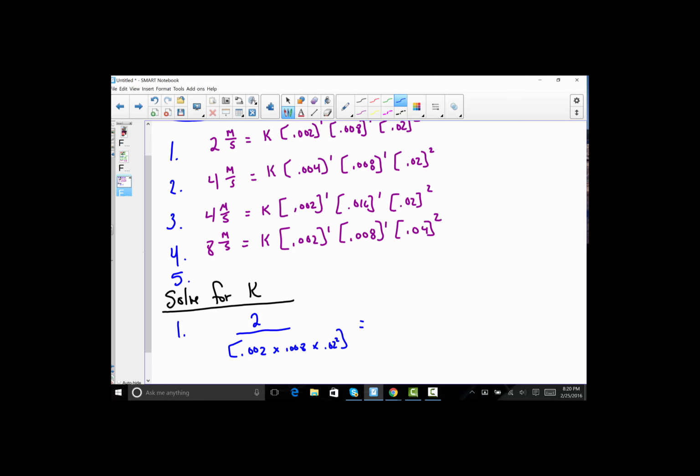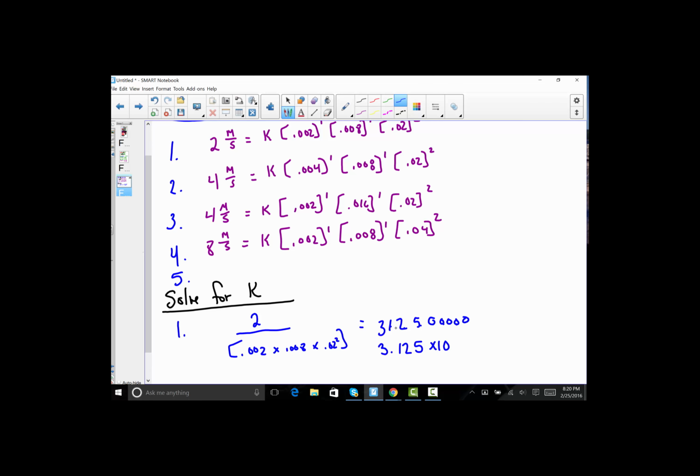2 divided by, and I'm doing all of that in a parenthesis, by the way, parenthesis 0.002 times 0.008 times 0.02 squared, close parenthesis, and it's a really big number. So let's write that out as 3.125 times 10 to the 8th power.